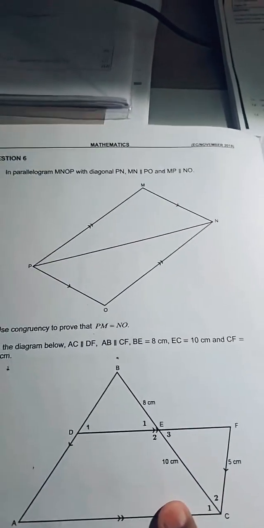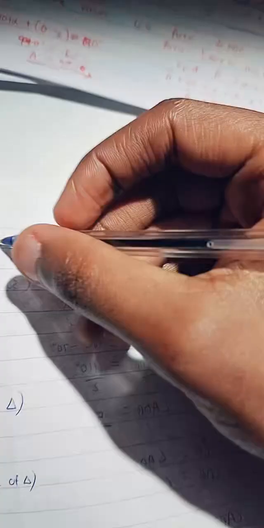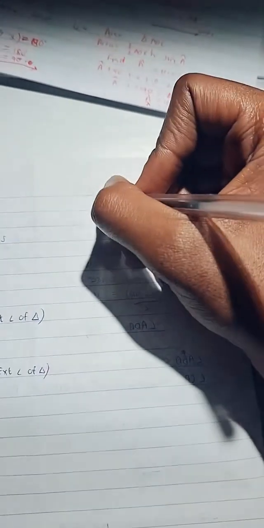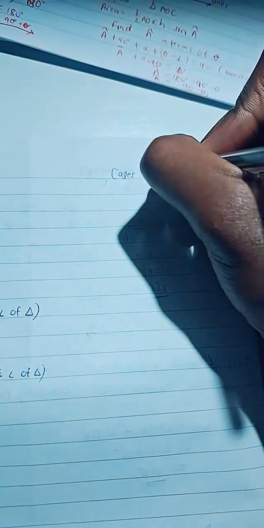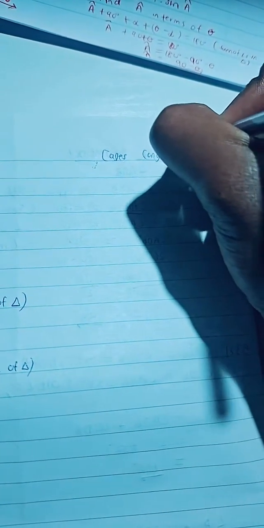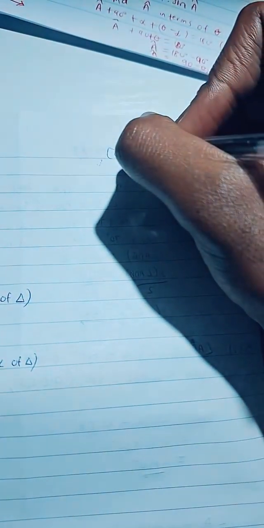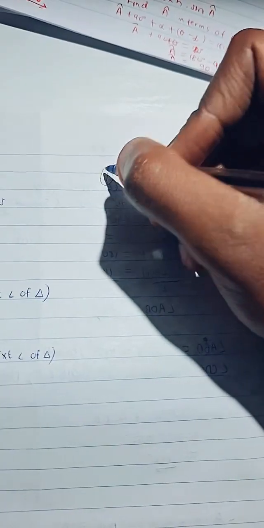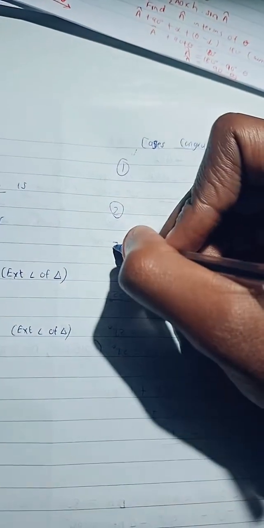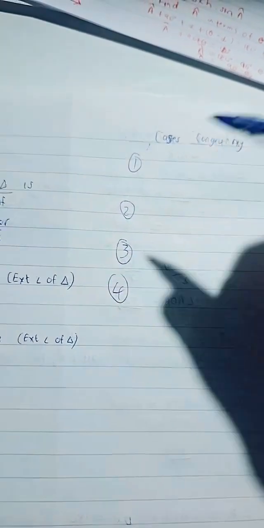Now, before I use congruency, I want to go over, first and foremost, the cases we have for congruency. So grade 8 and 9 learners, and even higher grades, need to know all cases of congruency. We have 4 cases of congruency, 4 of them.